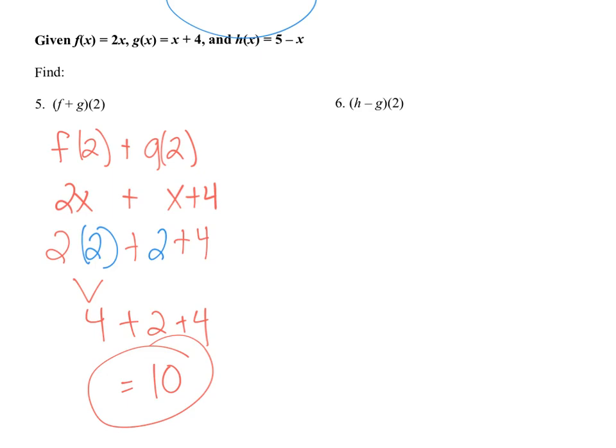Okay, so let's go on to the next one. Okay, now we have h of 2 minus g of 2. So it's important on this one that we use what? What word? Starts with a P. What do we use on the second function?